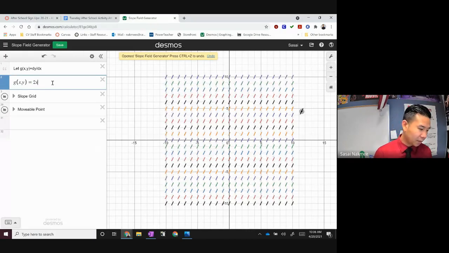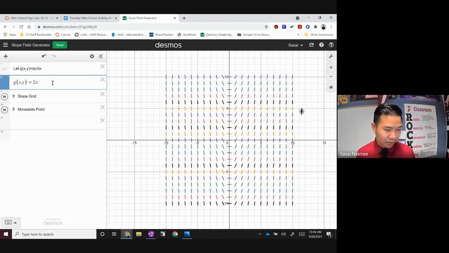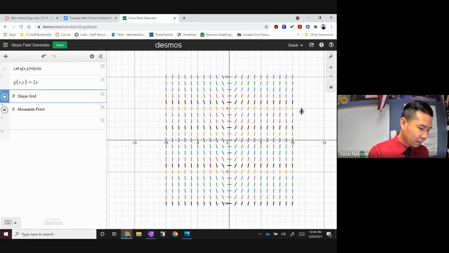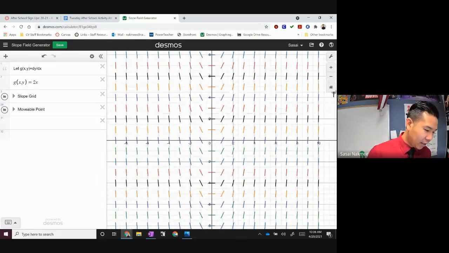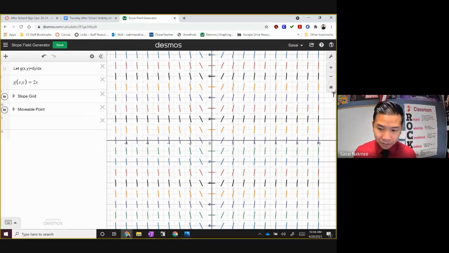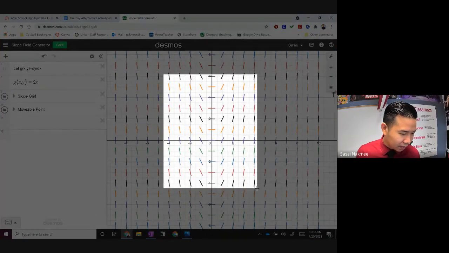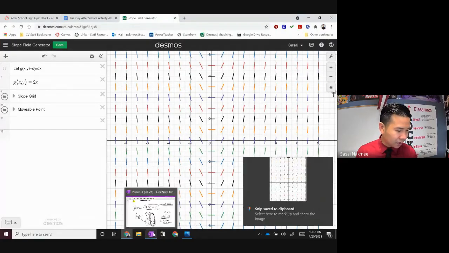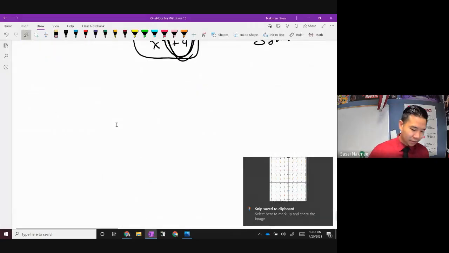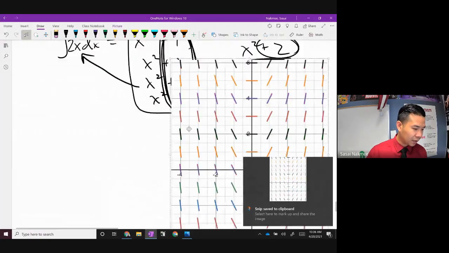So, for example, something like this. 2x was our function, and this is the slope field for it. Can you kind of picture it? This right here shows the different derivative values of this slope field, or of this differential equation.